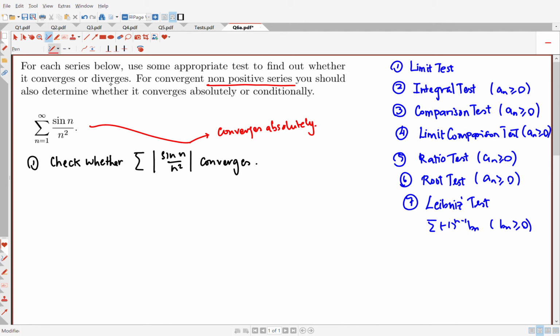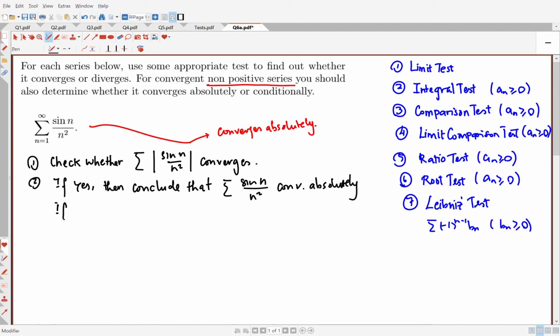If yes, then conclude that the sum of sine n over n square converges absolutely.